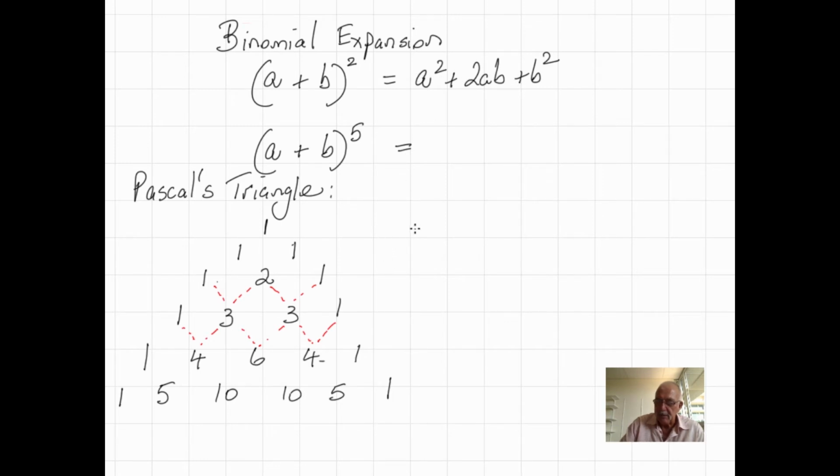So we use this for A plus B to the power of 0. Anything raised to the power of 0 is 1. This one will be A plus B to the power of 1, which is just 1A plus 1B. This is A plus B to the power of 2. And you can see here, if we look at the coefficients up here, we've got 1, 2, and 1.